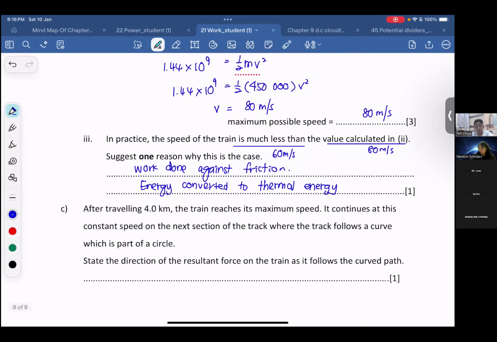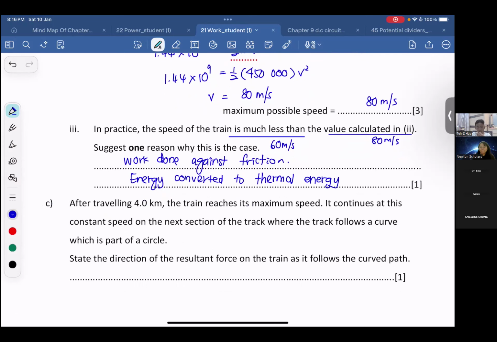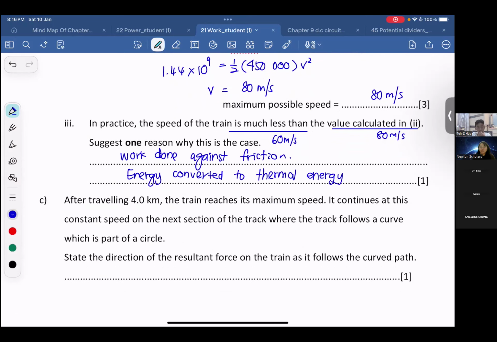Wasted energy is most of the time thermal, but it depends. For some applications you cannot say thermal is wasted energy. For example, with a water kettle, you want the heat, so you don't tell me that thermal energy is the wasted energy. It depends on the case, but in most cases wasted energy, or energy lost to the surrounding, is converted to thermal energy.